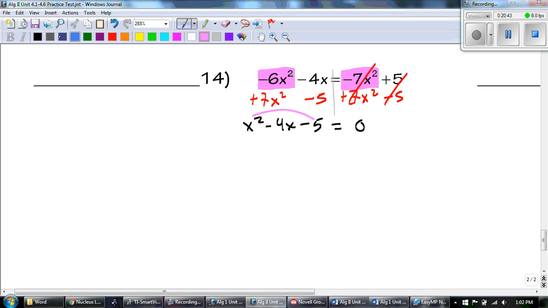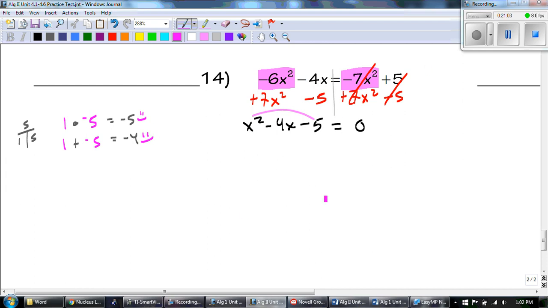There's no GCF, but are there any numbers that multiply to get to -5 and add to get to -4? It's only 1 and 5. It works if the 5 is negative.